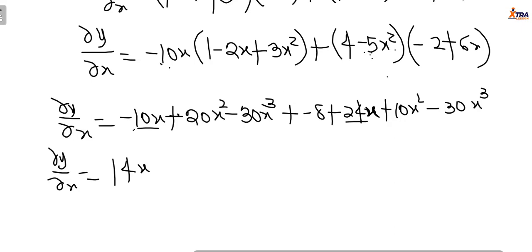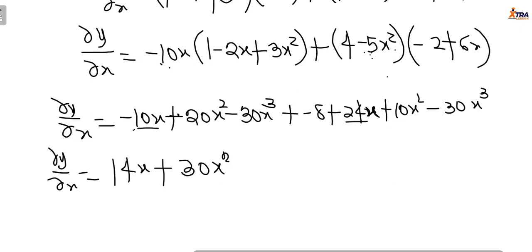So the one with x squared, we have plus 20x squared plus 10x squared, that will be plus 30x squared.